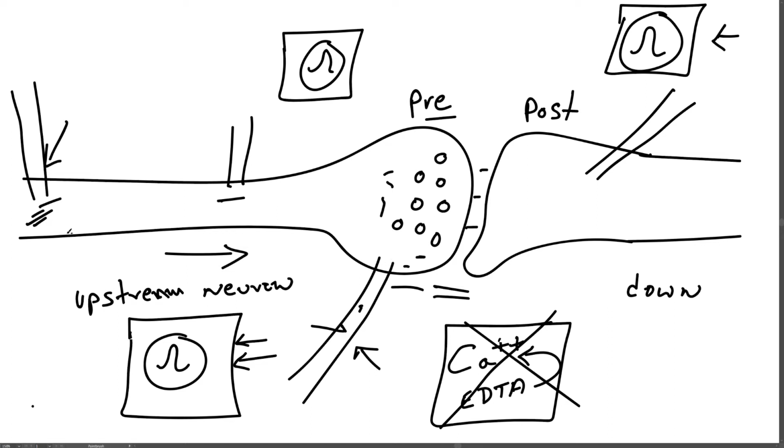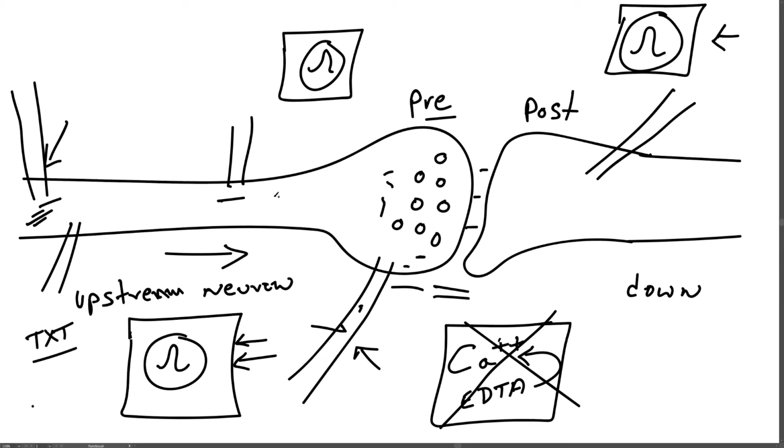To do the experiment, he first added tetrodotoxin, TTX they call it, and that toxin is derived from pufferfish, and it binds to sodium channels and makes them inactive. So it poisons this axon from firing an electrical action potential.